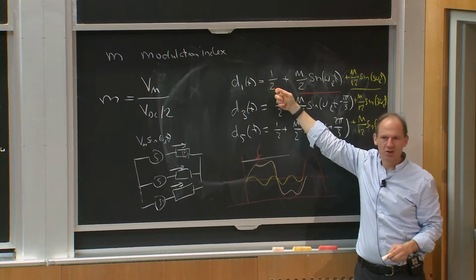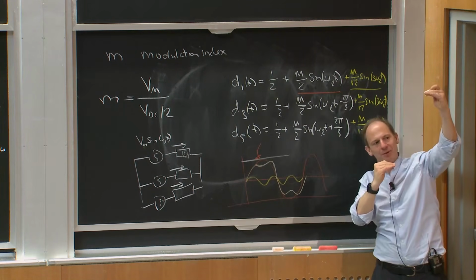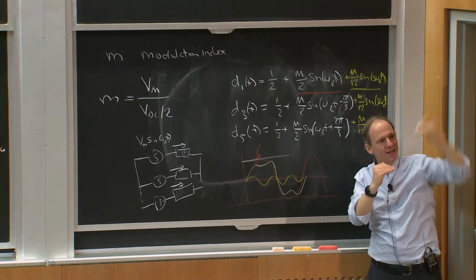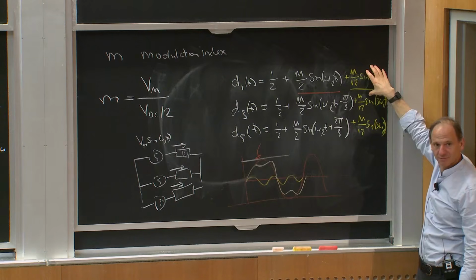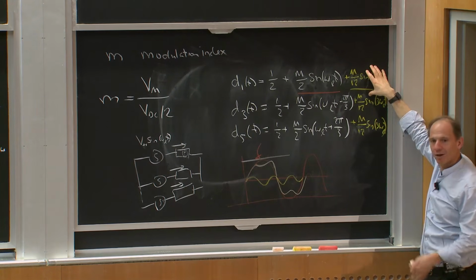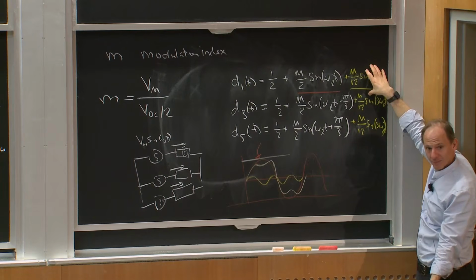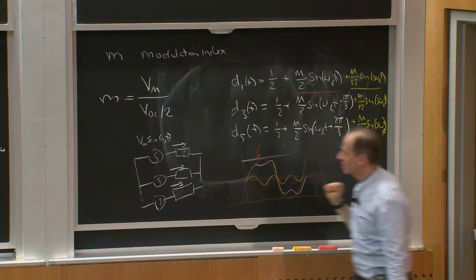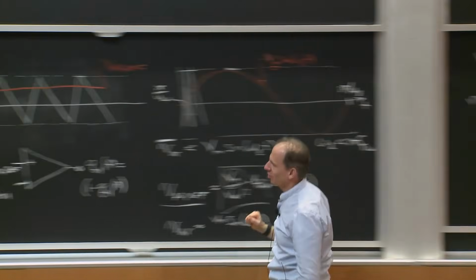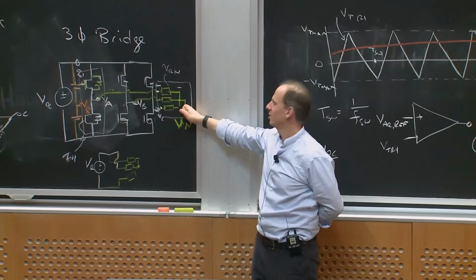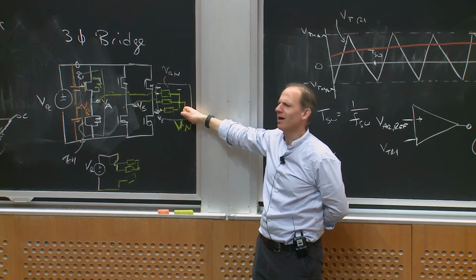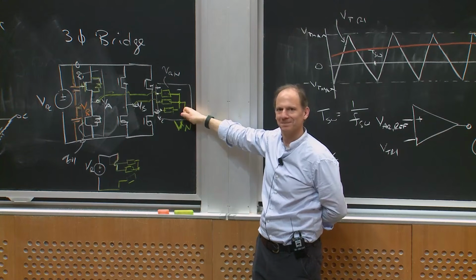Okay? And so that gives me an extra 15% of voltage I can synthesize, and the way I'm synthesizing it is I'm adding third harmonic distortion in. Okay, so I'm adding some third harmonic to VAR, to VBR, and VCR. Okay, but why doesn't that matter? Because that third harmonic component that I drew in yellow just appears at the neutral, and the line-to-line voltages don't have it.